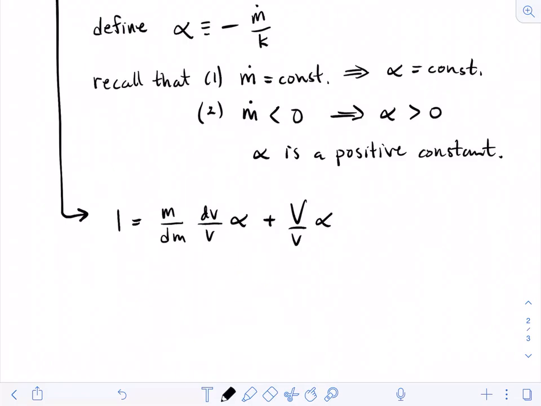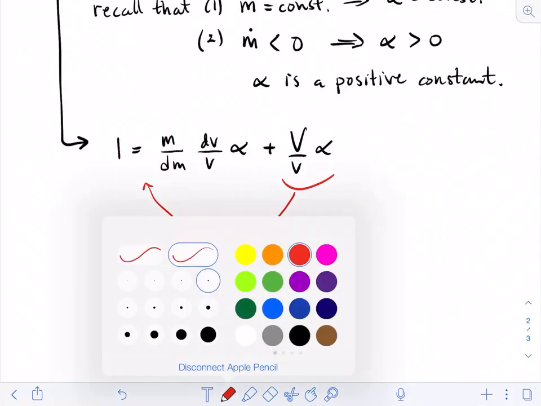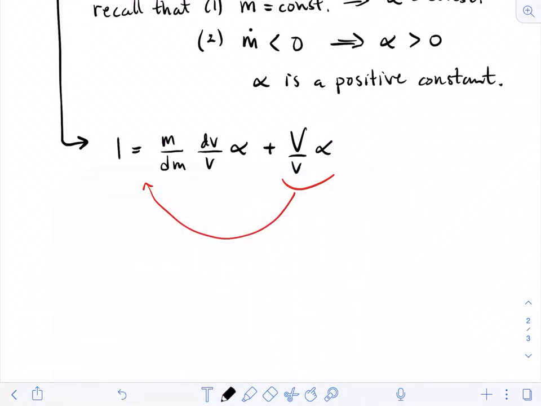I'm going to subtract off this term and bring it to the other side. So we'll end up with 1 minus that term, and we'll have m dm dv over v alpha is equal to 1 minus big V over little v times alpha.